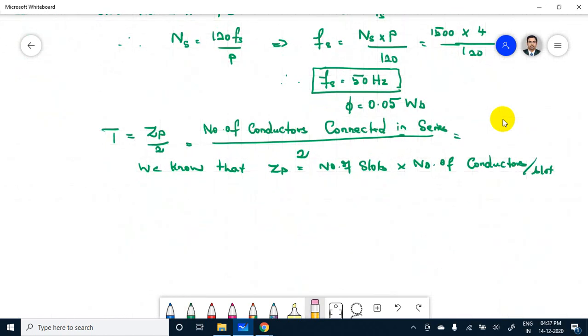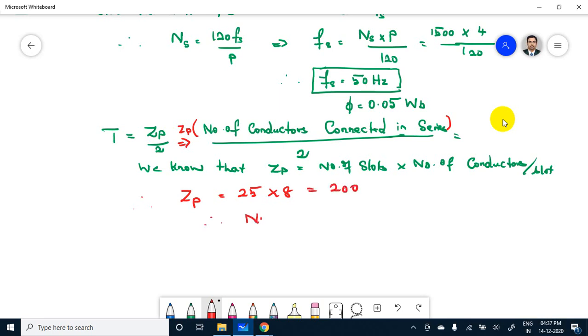Okay, better instead of putting this arrow mark symbol, I can put bracket. Zp is nothing but number of conductors connected in series. Therefore Zp is equal to number of slots 25, number of conductors per slot is 8, we get 200.